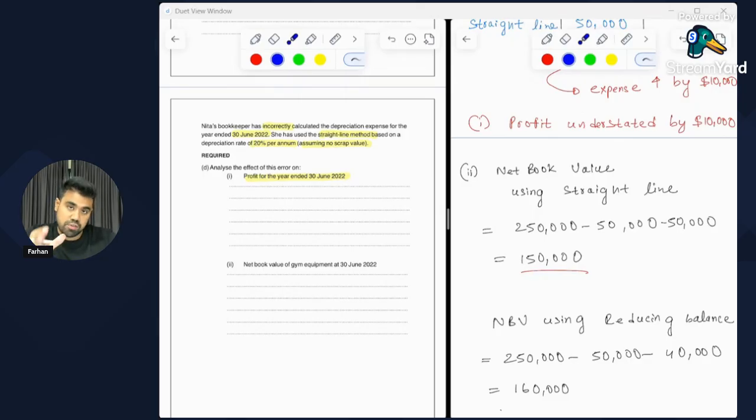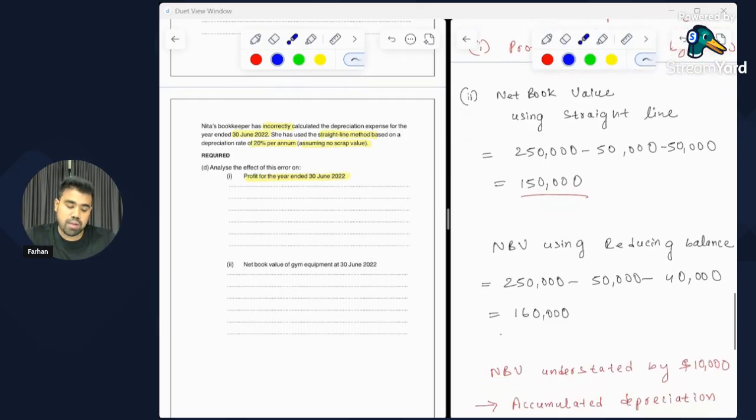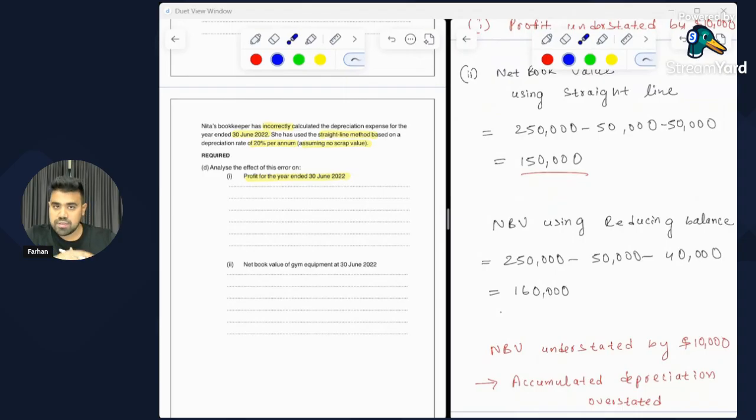When we use the reducing balance method to find the net book value, as we did in part C a while ago, we start with the original cost of $250,000 and subtract $50,000, the year one depreciation, followed by another subtraction of $40,000, which was calculated by multiplying 20% on the net book value of $200,000.